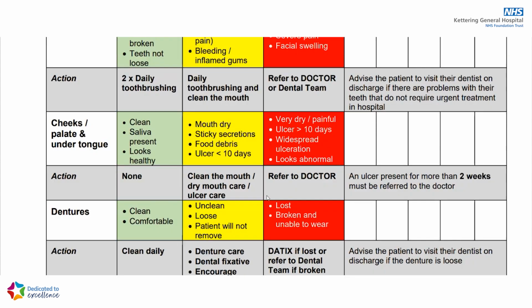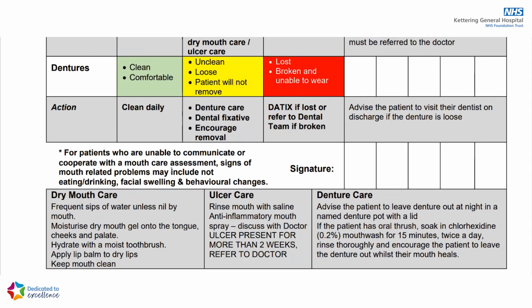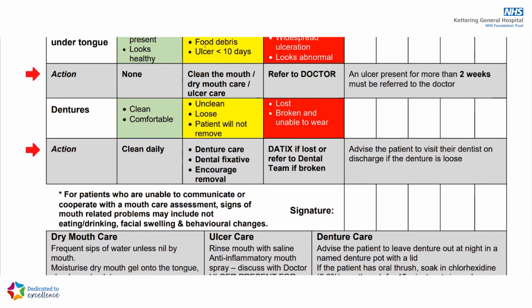So if we then look at what actions need to be taken, as you can see on the bottom of the assessment tool, if a patient does require dry mouth care, and you will see under each point what action needs to be taken.